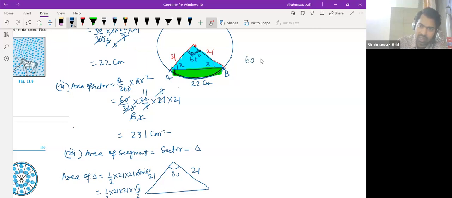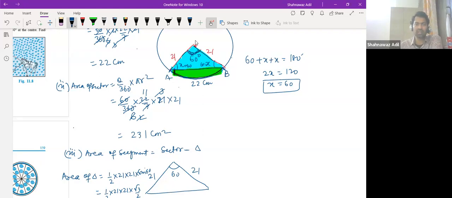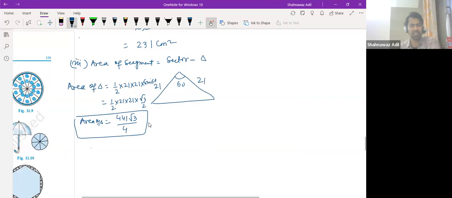So total angle would be how much? So 2x is 120, so x is 60 degree. So this is 60, this is 60, which means that this is an equilateral triangle. So then we can say that this is root 3 by 4 square. So that is why Amira was saying to use root 3 by 4 square, right?